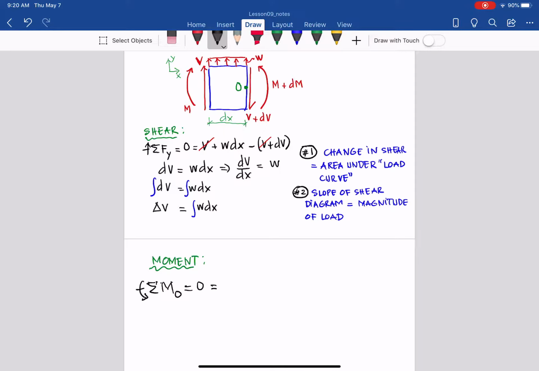On the left side, as you can see, we will have negative M. And then on the right side, we have M plus dM, and it is counterclockwise, so positive M plus dM.